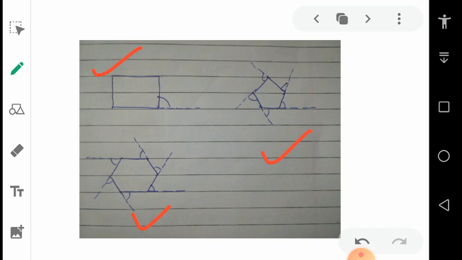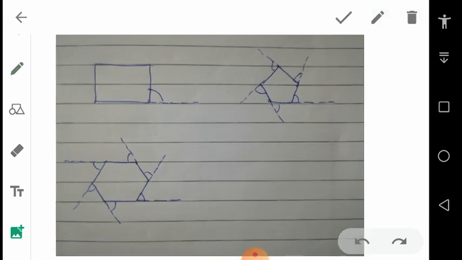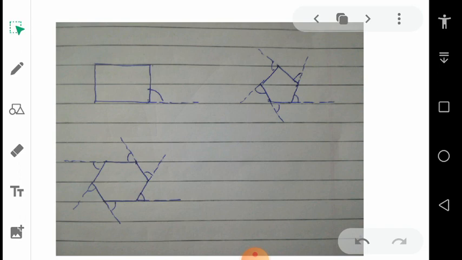So consider them one by one. Here in the quadrilateral you can see there are four sides and a side is extended. This side is extended and here is an exterior angle which the side makes with the adjacent side.